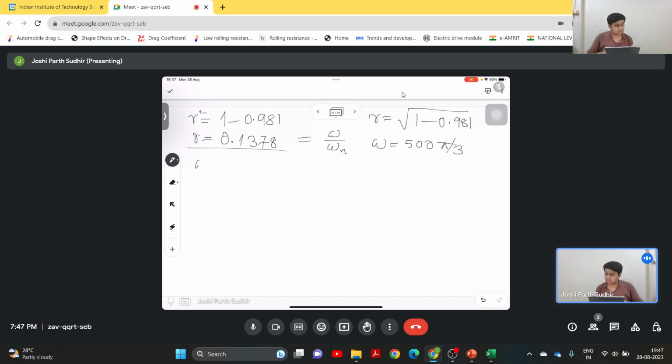So omega n will be omega by r, which is 500 pi by 3 upon r, which is 0.1378.